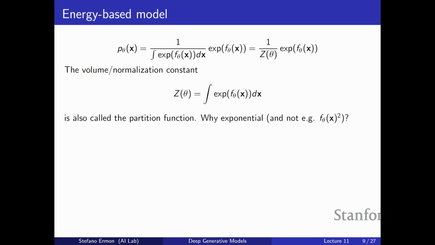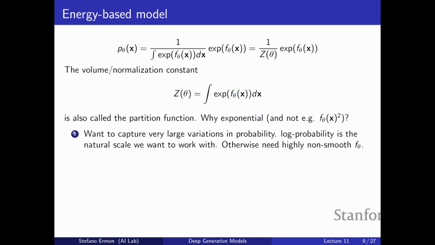It's very flexible because you can choose essentially an arbitrary function f theta, and that defines a valid probability density function. We chose the exponential here instead of, let's say, squaring f theta for several reasons. The first one is that it allows us to capture pretty easily big variations in the probability that the model assigns to different x's.